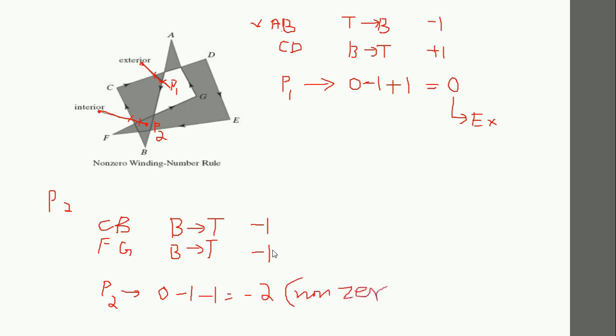Non-zero means the point is lying interior to the polygon. So this is the rule. You found that P1 is exterior to the polygon, and P2 is interior to the polygon.